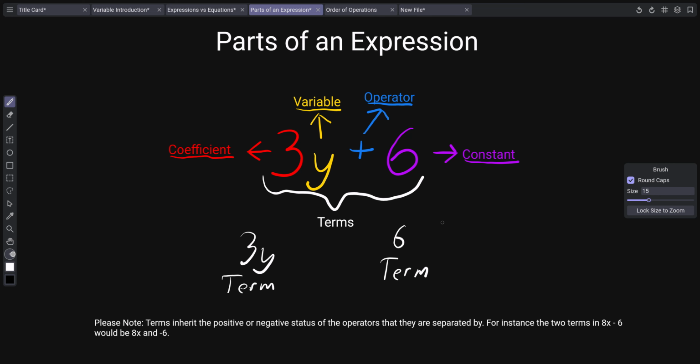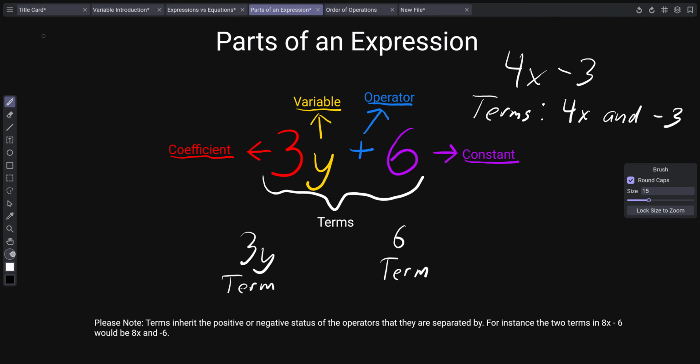And something important to note here is that terms do inherit the positive or negative status of the operators that they're separated by. So I'll give you another example, right? So say if we had 4x minus 3. The terms would be 4x and minus 3.